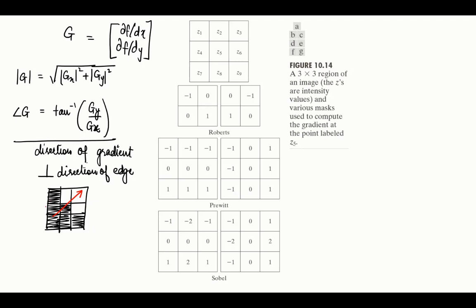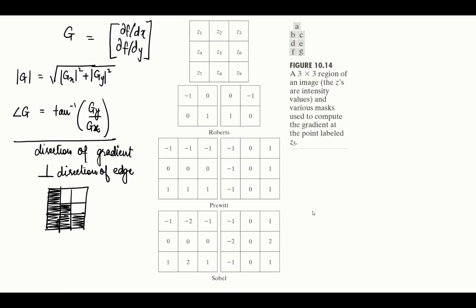This is the direction in which my gradient angle would come out to be. That means the edge is actually in this direction. Okay. So these things you are already familiar with, and you know that these are some gradient operators, Roberts, which is 2 cross 2, Prewitt, and Sobel operator. Okay, so Sobel operator is very commonly used, very popularly used.